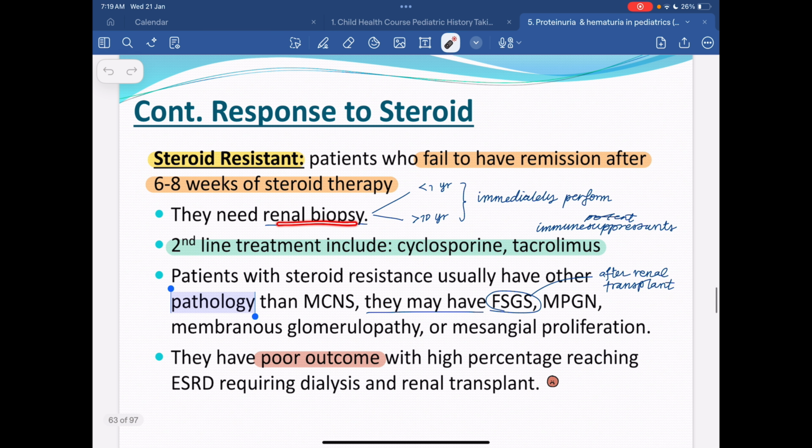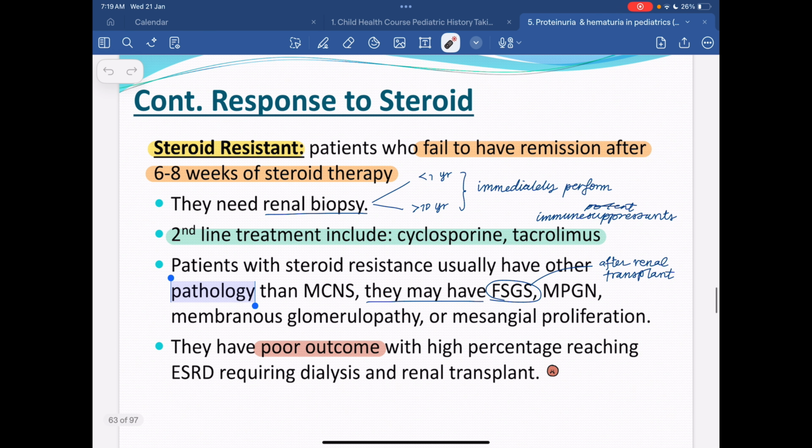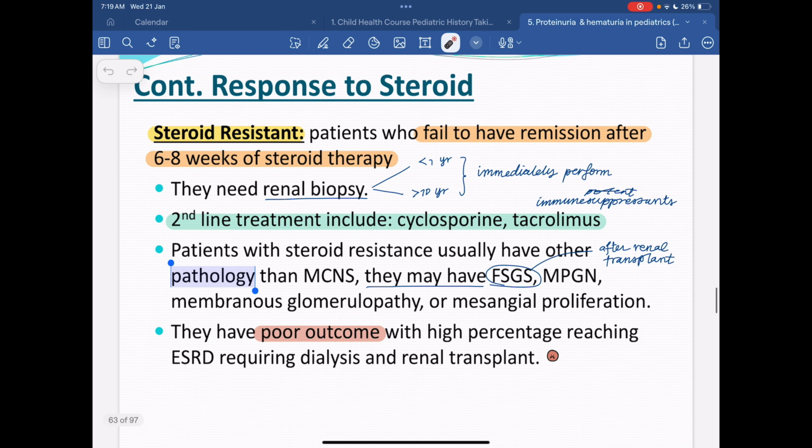First, they'll need a renal biopsy. We immediately perform it. Then we'll give them a different immunosuppressant. So second line treatment is cyclosporine and tacrolimus, which are also potent immunosuppressants. ما ضبط معاهم الcorticosteroid نعطيهم a different immunosuppressant.